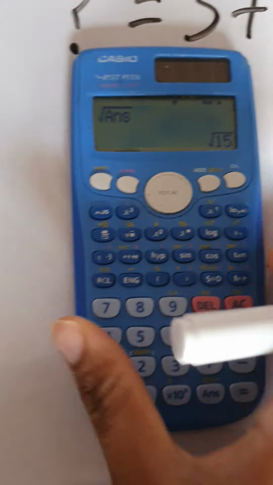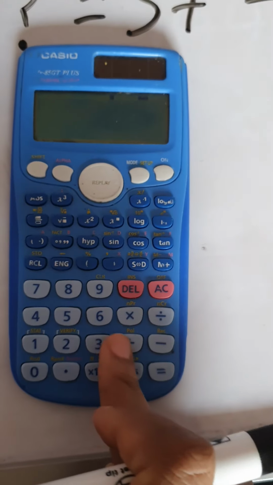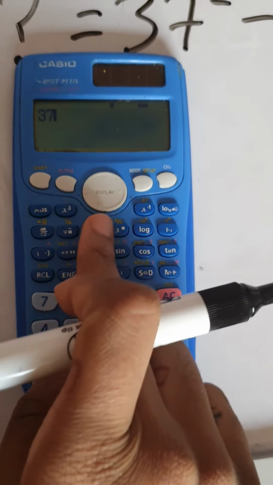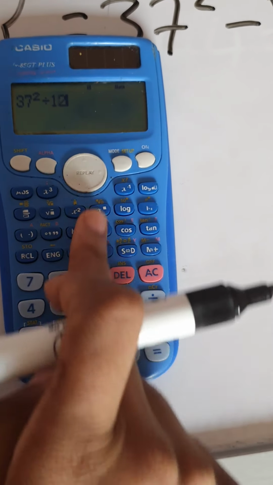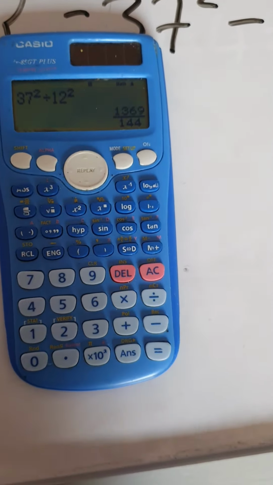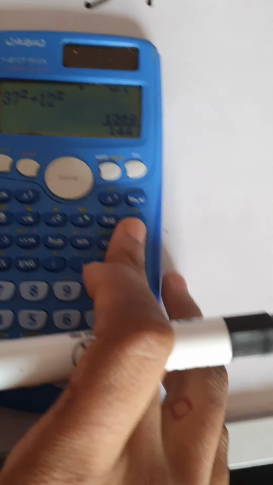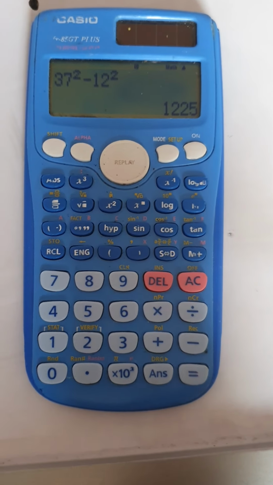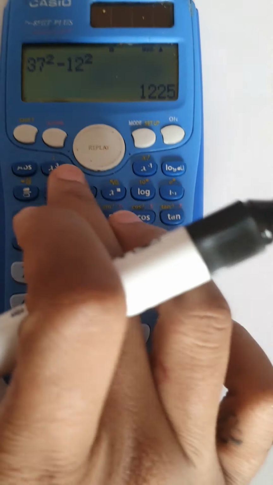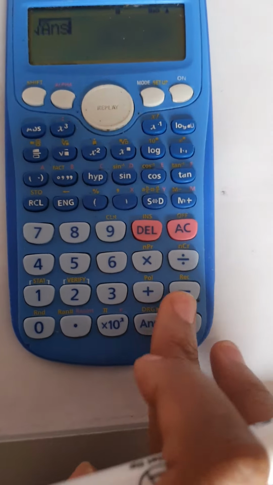I'm going to put all of that into my calculator. So 37 squared minus 12 squared equals, oh, big number. Oh, wait, that's because I did divide instead of minus. Apologies, guys. There you go, it is 1,225. If I square root that answer, it gives me 35.